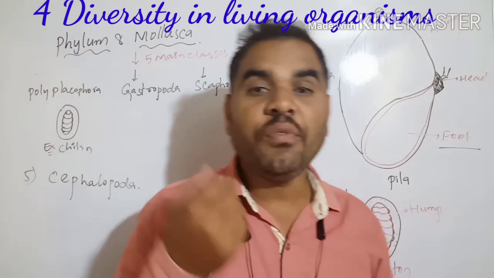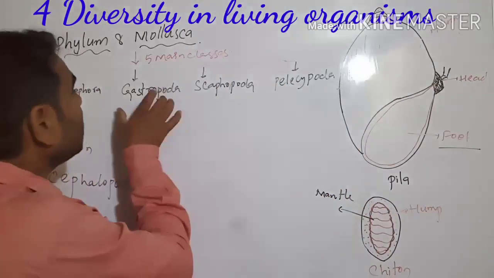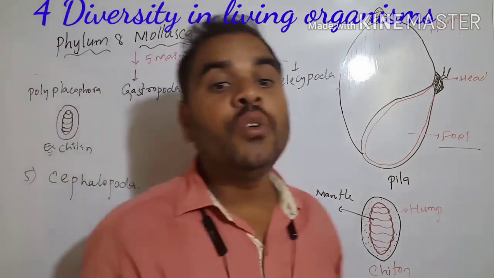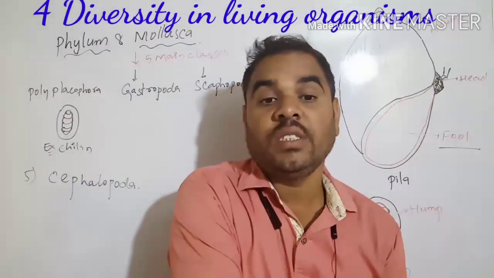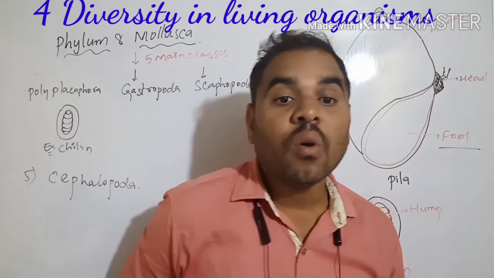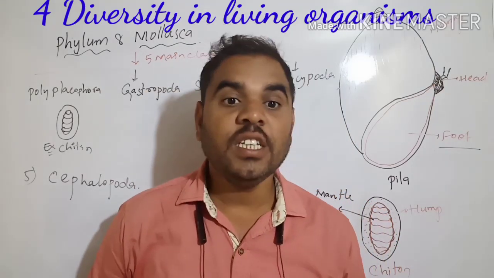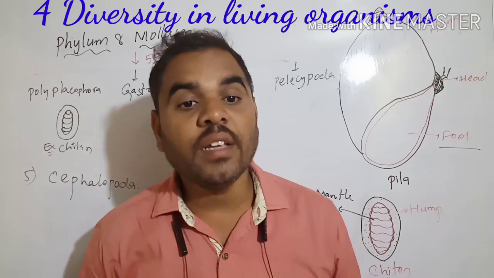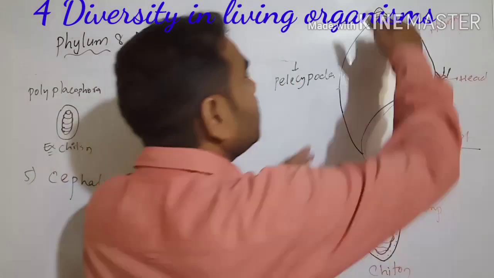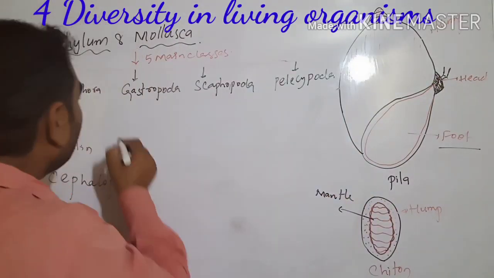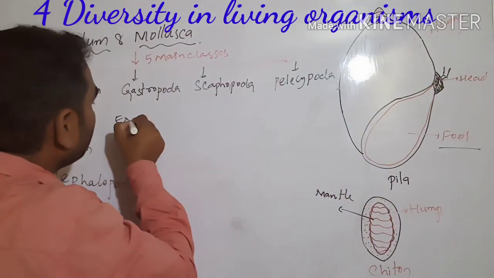Next class is Gastropoda. Univalve shell and visceral mass are spirally coiled. The example is Pila.